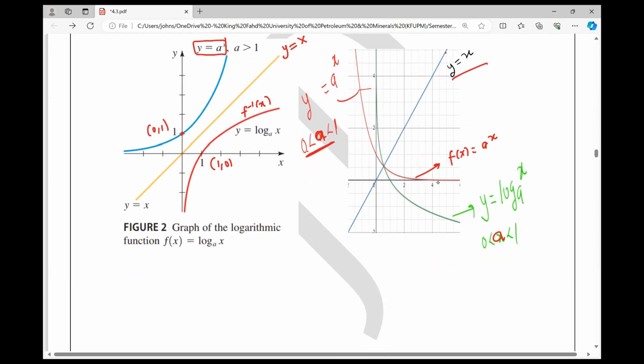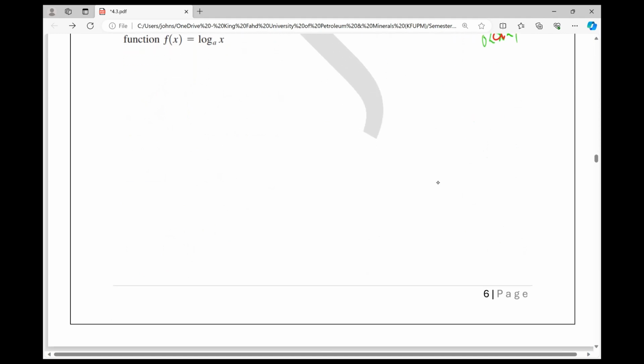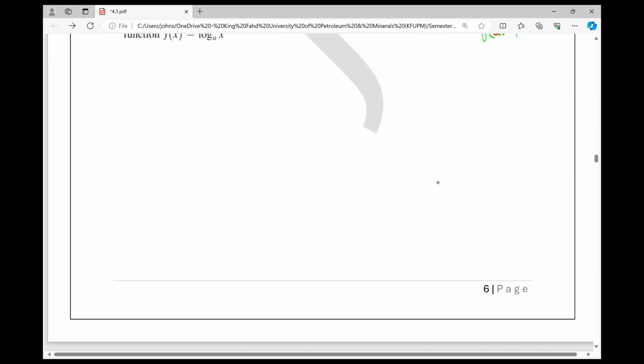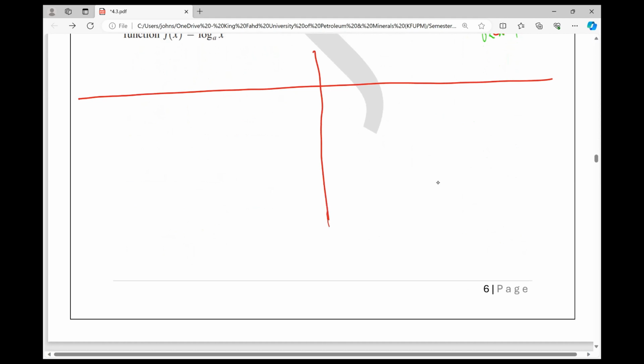Let me just do something here so that it can be more clear. This is what we are saying. We're going to have two cases here. So this is the graph of f of x.